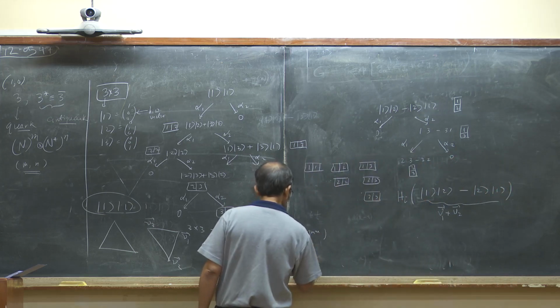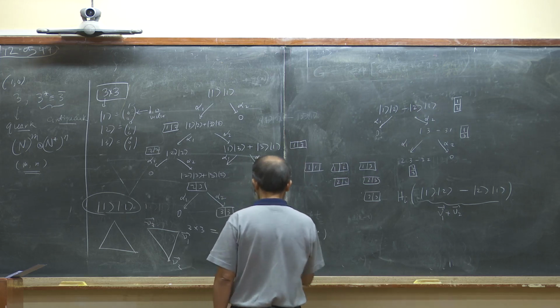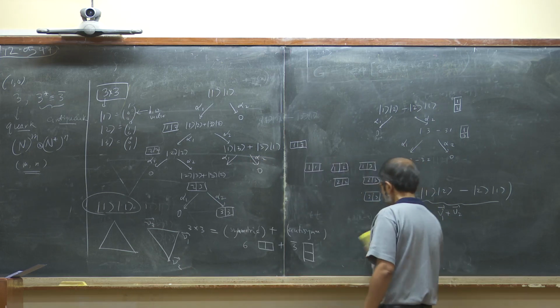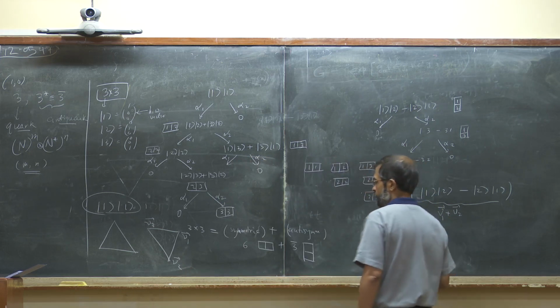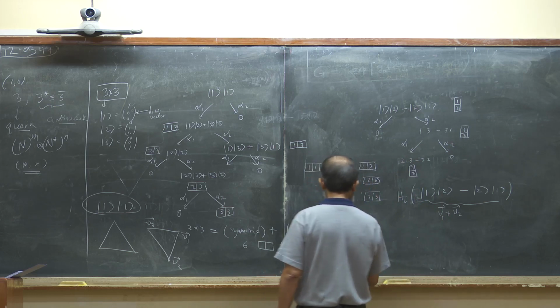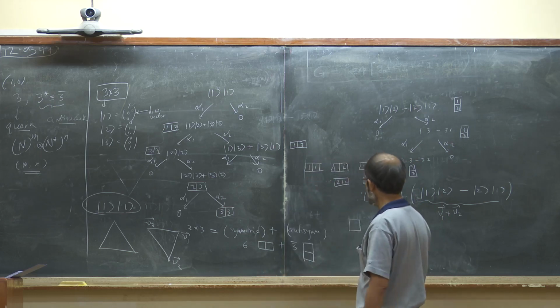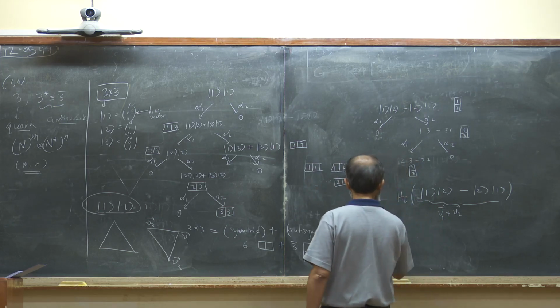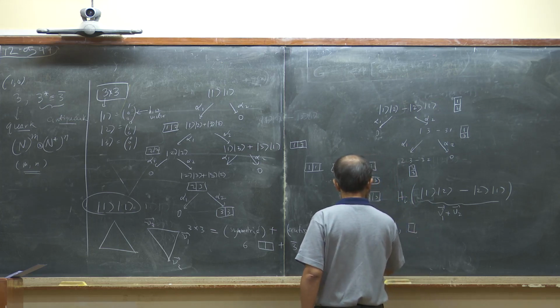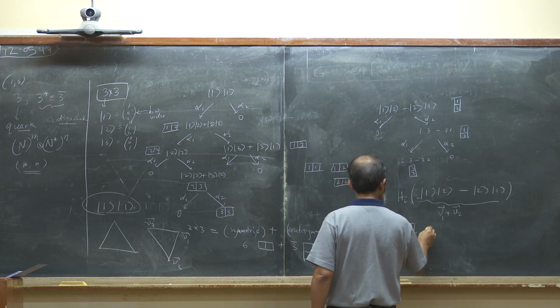So, we got this 3-bar. So, some kind of rule is forming about how to construct representations. So, by the way, if you have a single box, the rule here is that a single box means that it is a span of ket 1, ket 2 and ket 3.